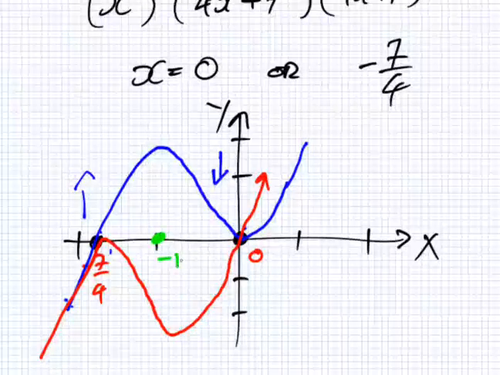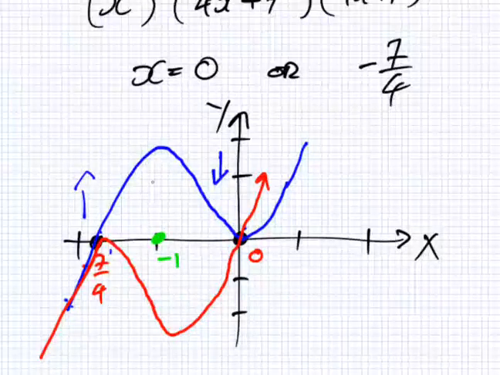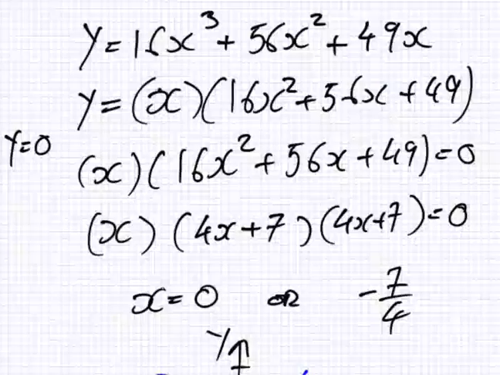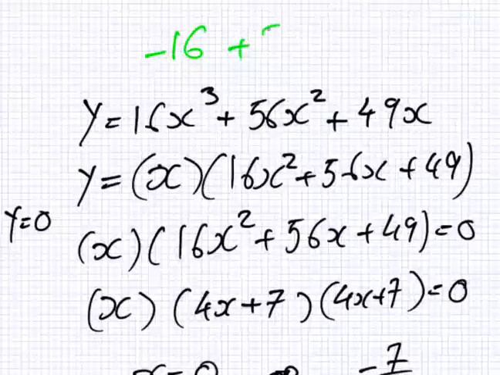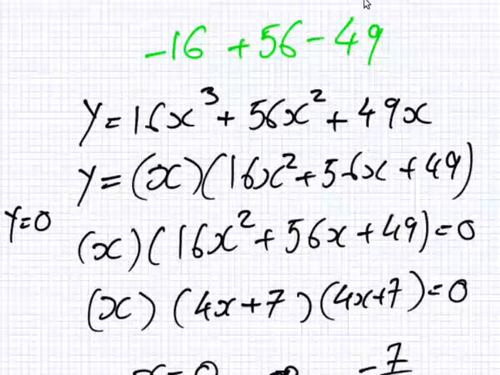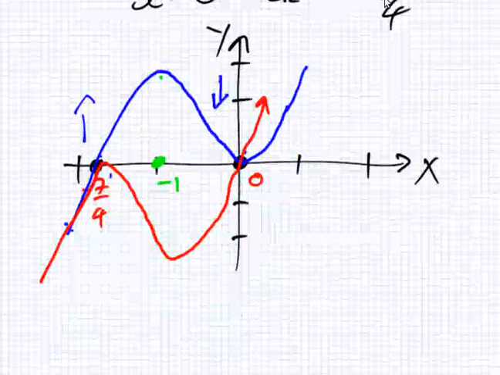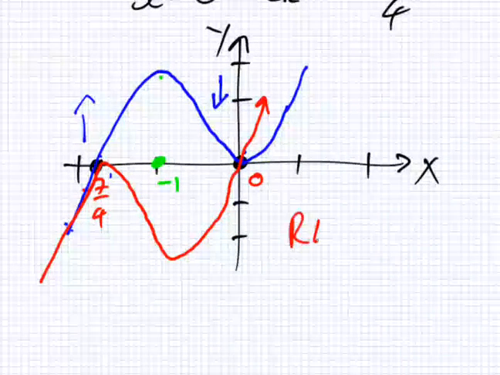So now I need to factorize this. But if we have a quick look at the discriminant, I don't think it has factors. 56 squared minus 4 times 16 times 49. Oh no, it does. The discriminant is 0, which means it's the same one twice.